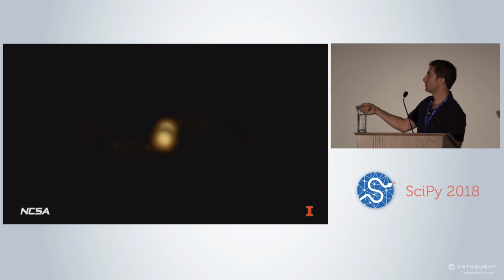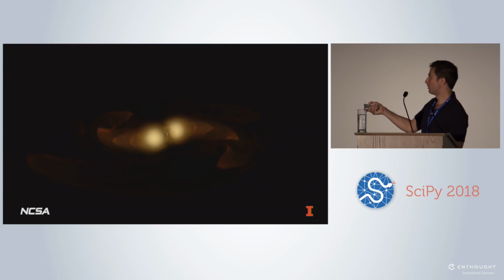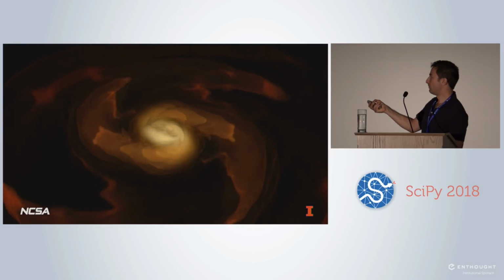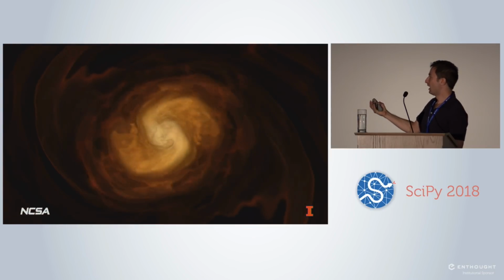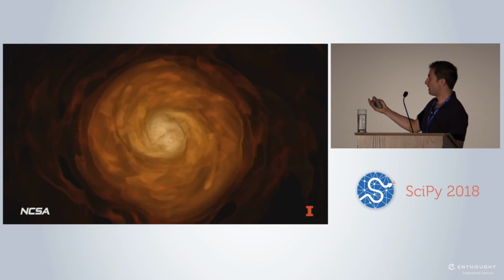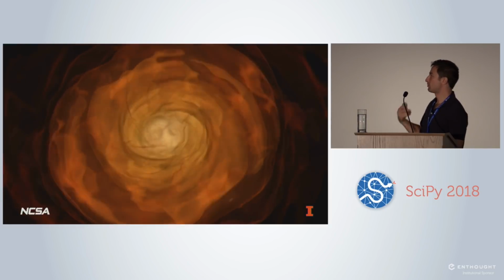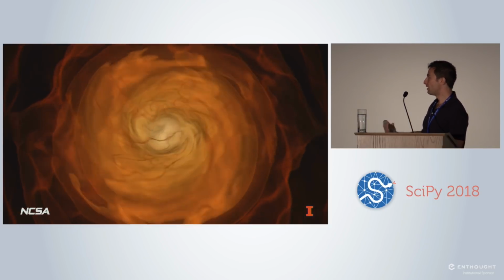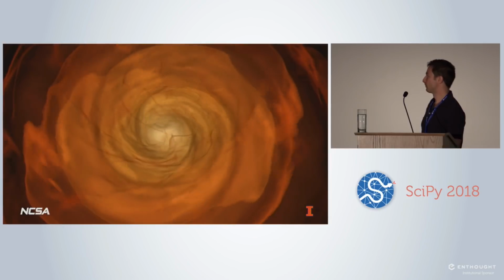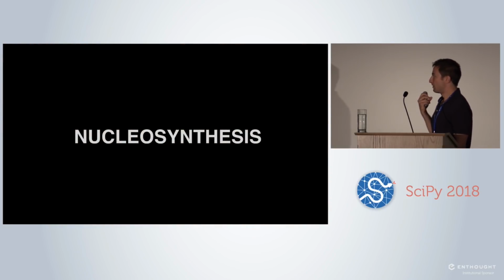But when they get close, the two neutron stars start to pull each other apart due to their tidal forces, and they form a short-lived accretion disk. And that accretion flow is going to be the central engine that powers a range of different types of electromagnetic emission. So the coolest consequence of this is nucleosynthesis.